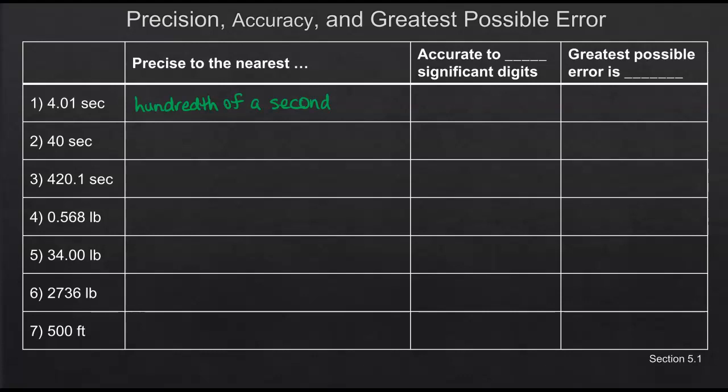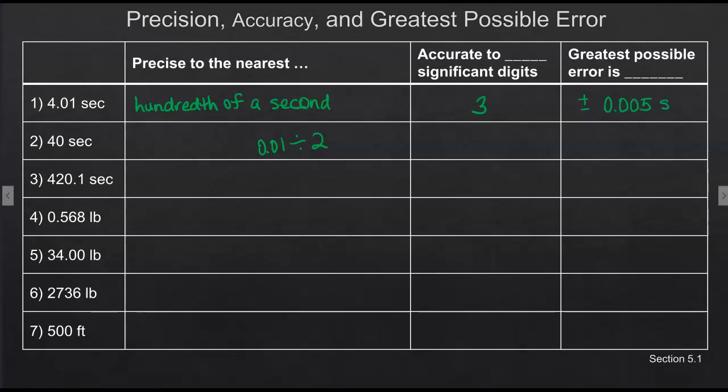The number of significant digits is accurate to 3. And then my greatest possible error is going to be half of 1/100th. So if you take 0.01 and you divide it by 2, you're going to get 0.005.